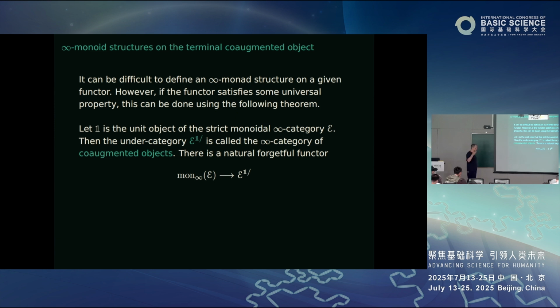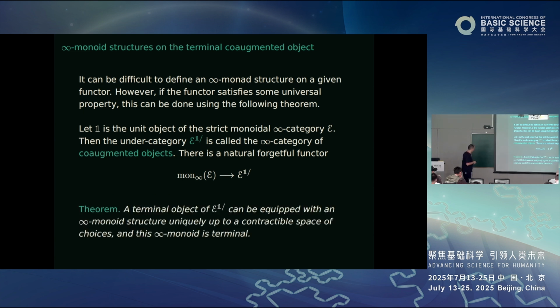So you can define such a notion as the space of structures of infinity monads on a given co-augmented object. But the main theorem here is that if you have a terminal object in the category of co-augmented functors, then you can always lift it to a terminal object of infinity monads.